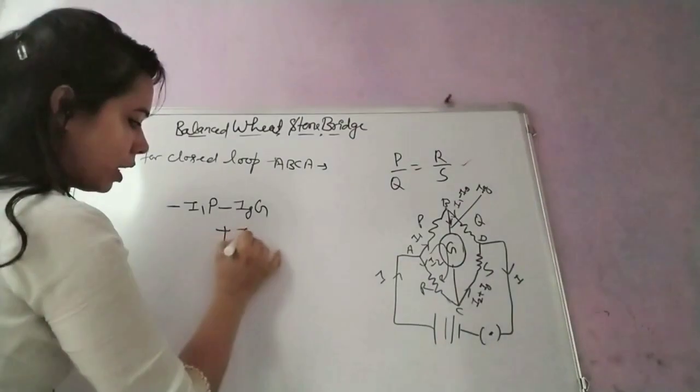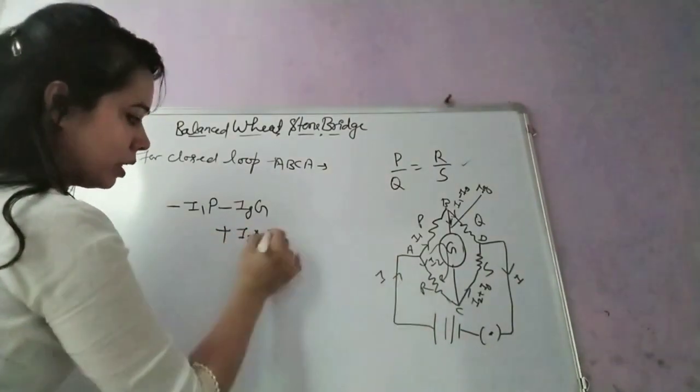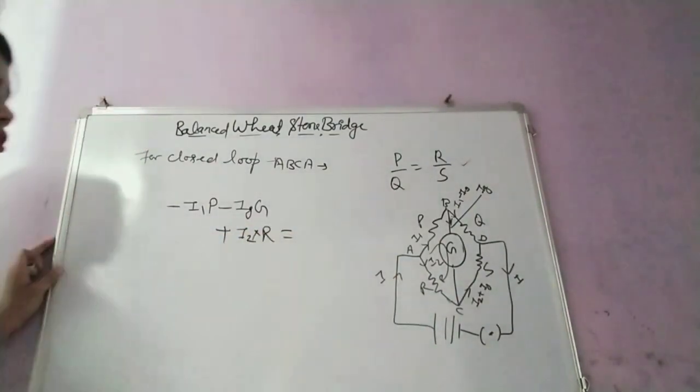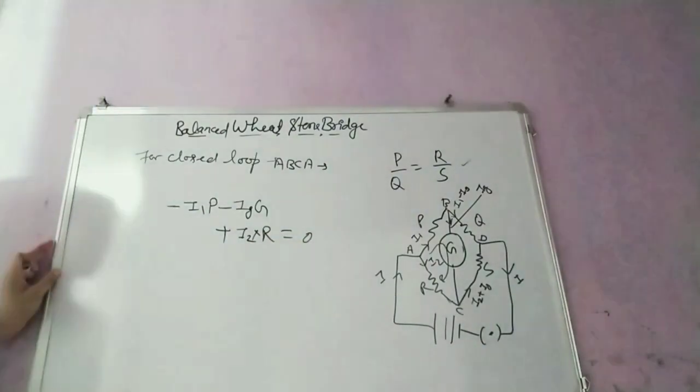So current I2 into resistance R equals 0 by Kirchhoff's law.